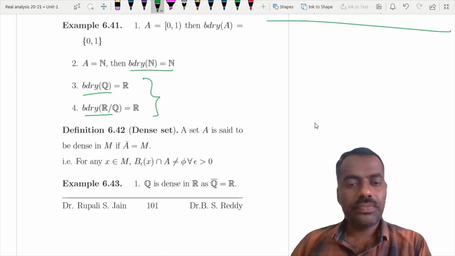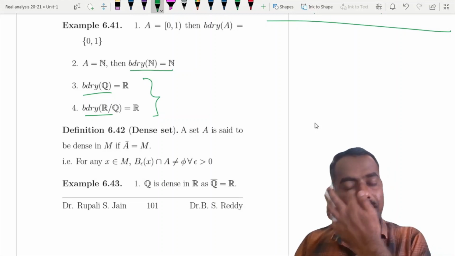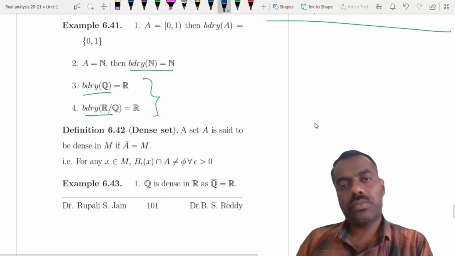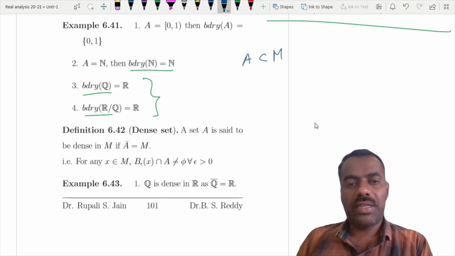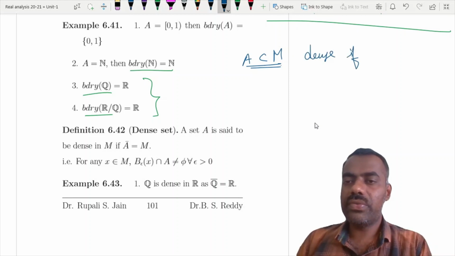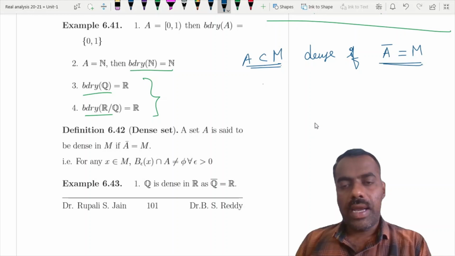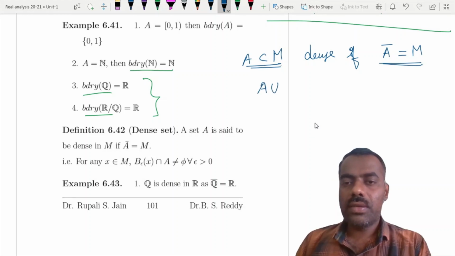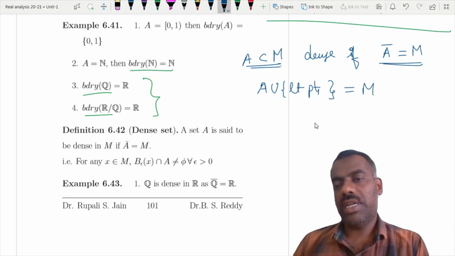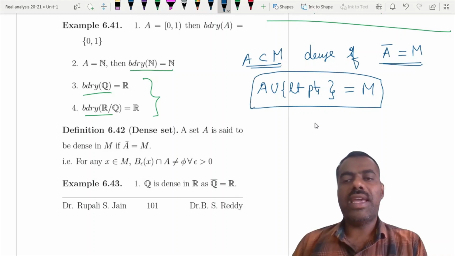Now the other one is a dense set. The other interesting set is a dense set. So start with A a subset of M. Then we say that A is called dense if the closure of A is the whole metric space M. That means A together with its limit points is equal to M. Then we say that A is dense.